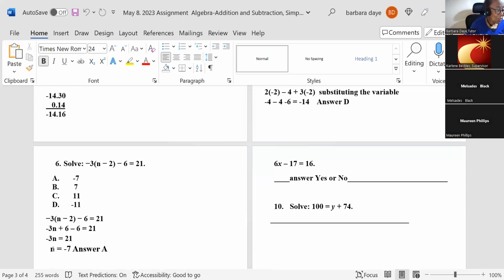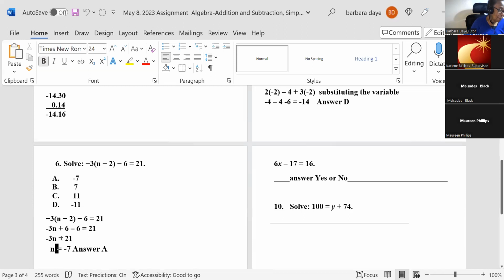Yes, because we've done several examples with parentheses, and once you multiply what's outside the parentheses by what's inside the parentheses, then again you're just combining your like terms. The plus 6 minus 6 is 0. So you're left with minus 3n equal 21. There's only one number that n multiplies by 3 to get 21.